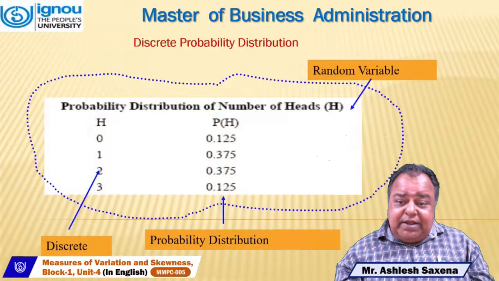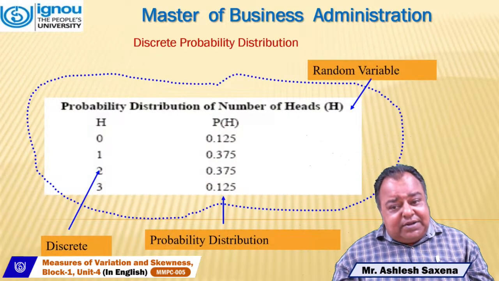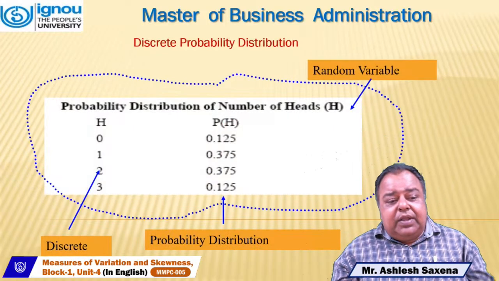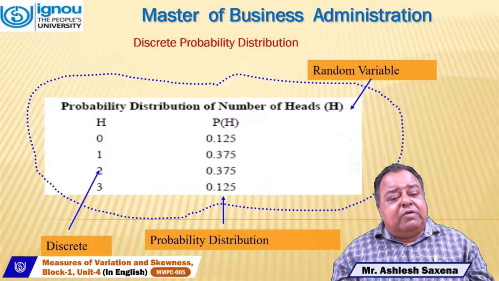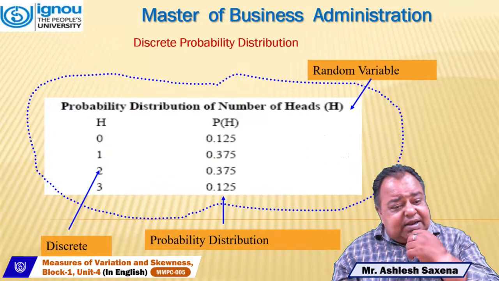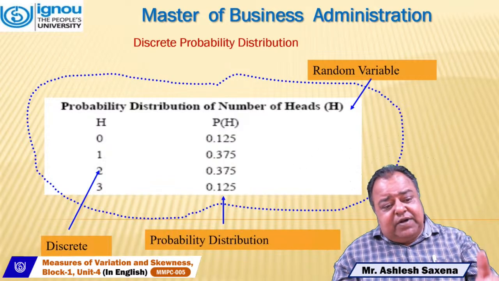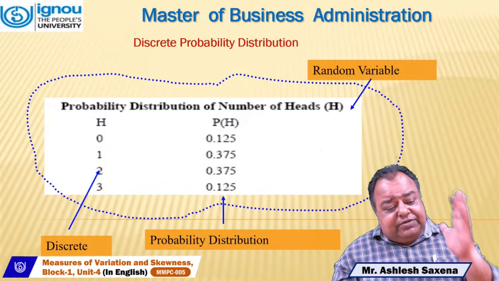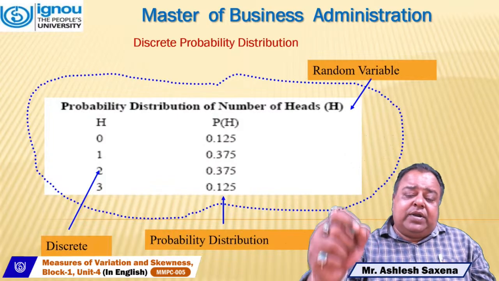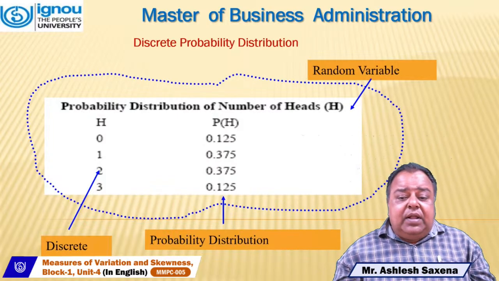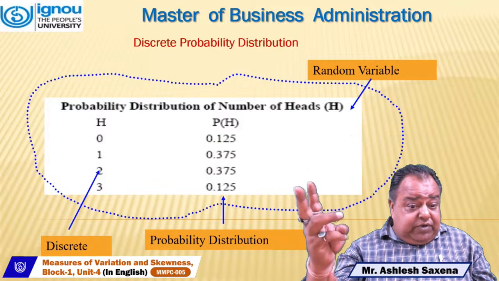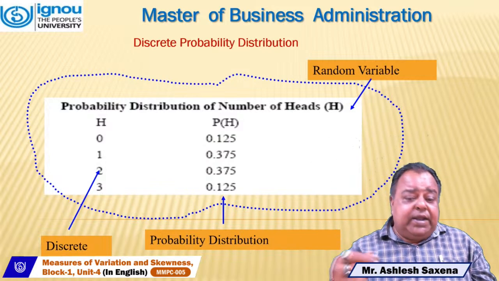Again, we will be evaluating this value. Now you can see how it is written. Probability distribution of the number of heads x. We said no head, 1 head, 2 heads, 3 heads. These numbers 0 to 3 are discrete values, and the probability of getting a head is in terms of 3 coins. The respective probability is given.